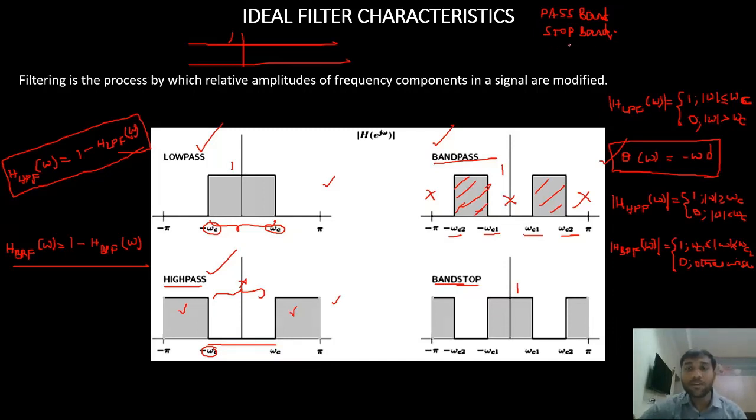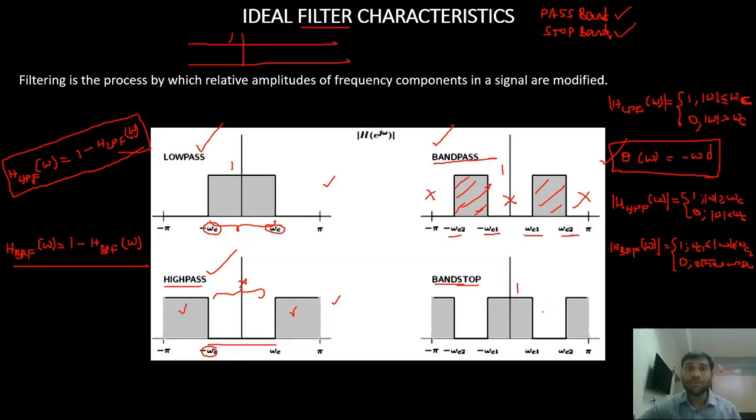Stop band means the band of frequencies that are stopped by the filter or rejected by the filter. If the filter allows certain frequencies to pass through, those frequencies are considered to be in the pass band. The band of frequencies that are accepted by the filter are called pass band. The band of frequencies that are rejected by the filter are called stop band, right?